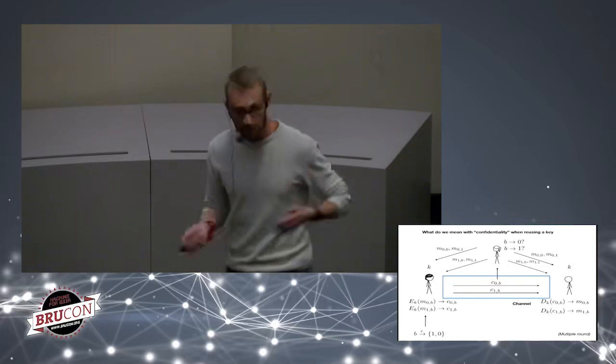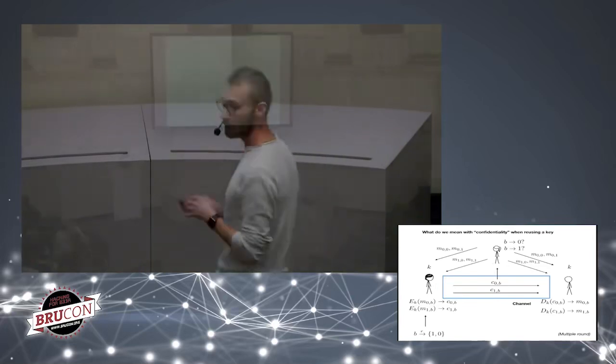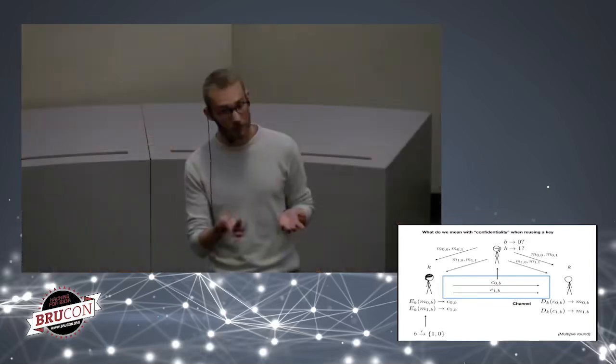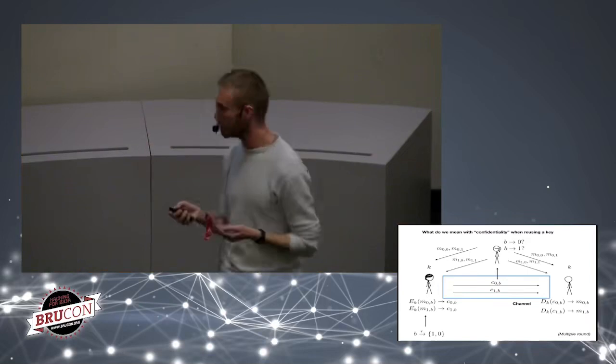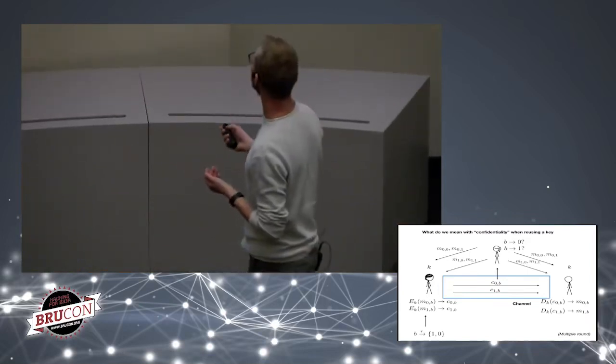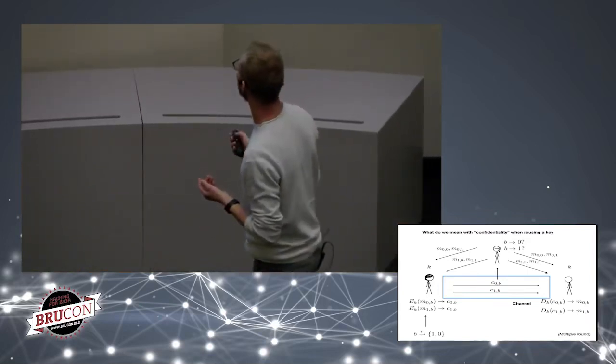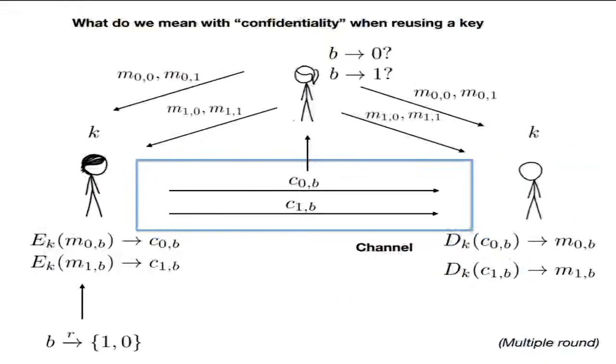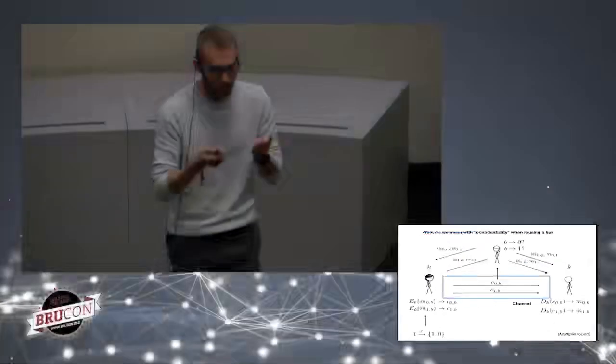And she will send that information towards Bob. Now again, just like with the previous model, Bob will be able to decrypt this message. Why? Because he has a copy of the key K, right? So he will be able to get back this bit B here. Now Eve, obviously, is able to get that ciphertext C0B, and her task is still to guess bit B. What is this bit B? Is it 0 or is it 1?